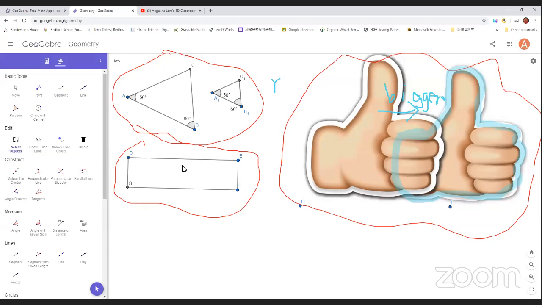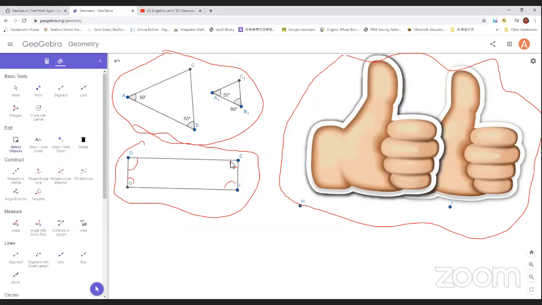Now, it is very interesting if you look at this one. Now before you draw anything on here, what are the angles? What are the angles? 90 degrees.